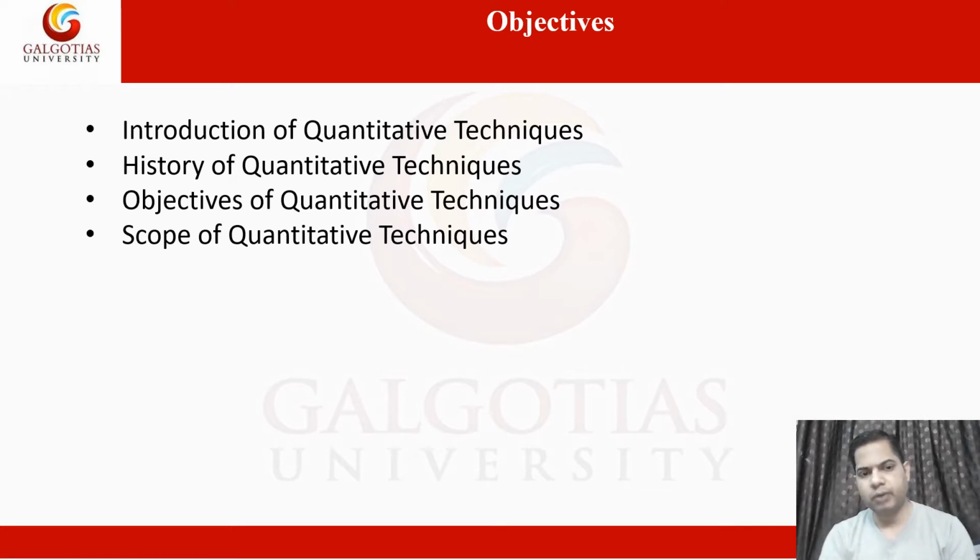We will study the history of quantitative technique, that is, what is the origin of this course, when this course was introduced, why it was introduced, and what is the need, so that we can call it introduced in the management stream. Then we will study the objectives of the quantitative techniques, and in the last we will study the scopes of the quantitative techniques.